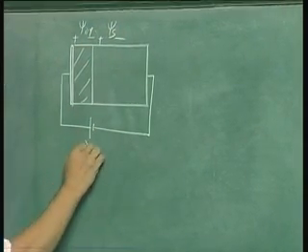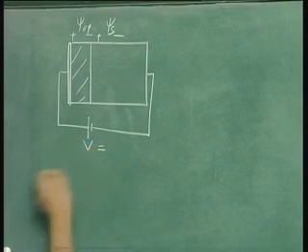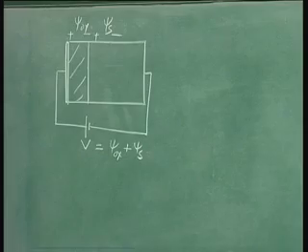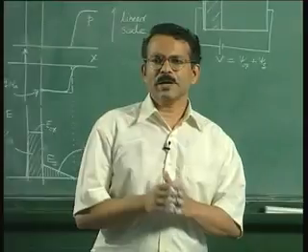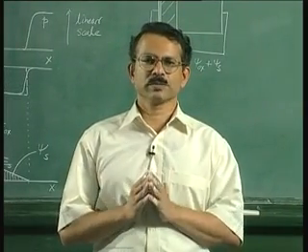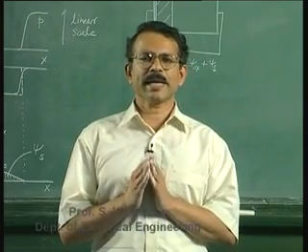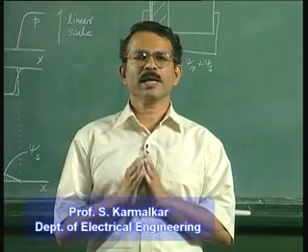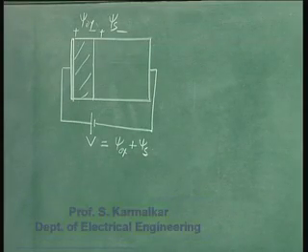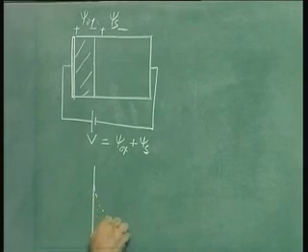This is the applied voltage V. So in general you have V equal to psi ox plus psi s. Now we need to identify psi ox and psi s. We need to get the values. Now it is interesting to note that you can get psi s from the hole and electron concentrations versus distance diagram at threshold. So at threshold your concentrations of electrons and holes are as follows.